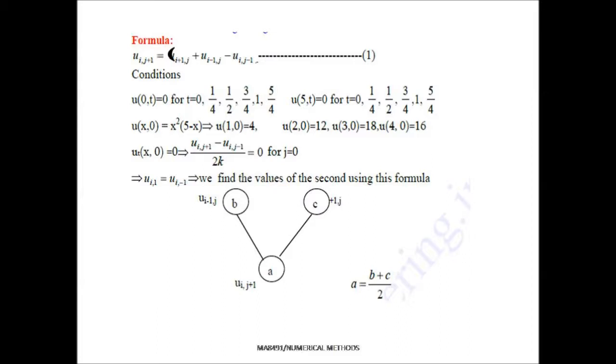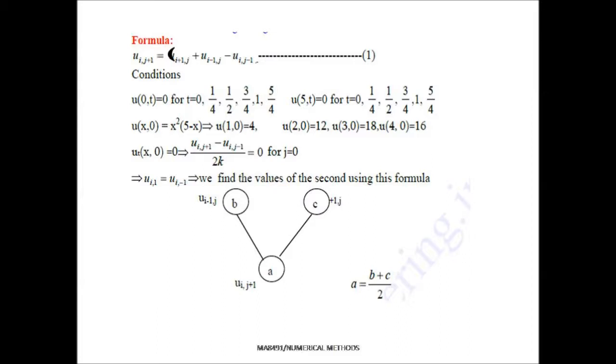Now see that the boundary conditions are u of 0 comma t equal to 0 for t equal to 0, which is actually 1 by 4 comma 1 by 2 comma 3 by 4 comma 1 comma 5 by 4, and the values for the boundary condition u of pi comma t equal to 0 are 1 by 4 comma 1 by 2 comma 3 by 4 comma 1 comma 5 by 4.